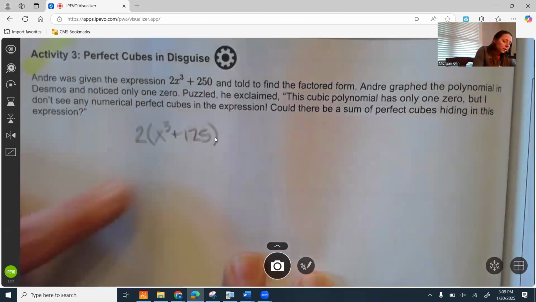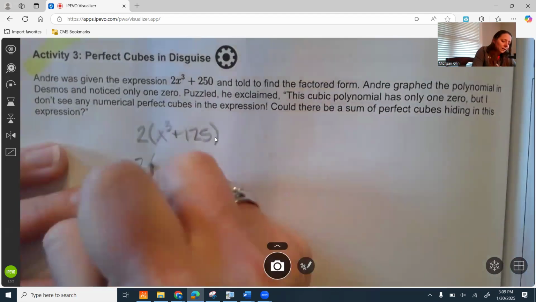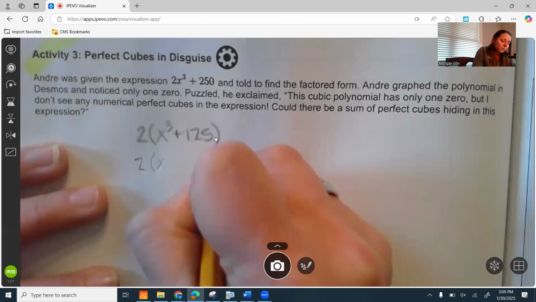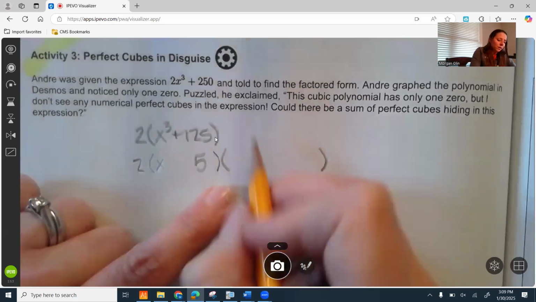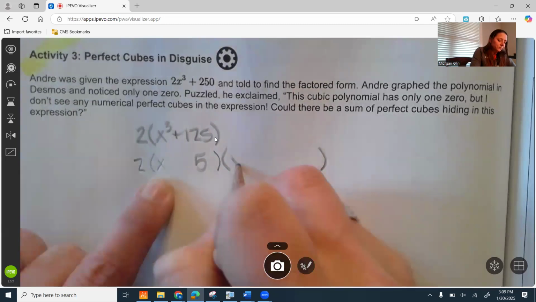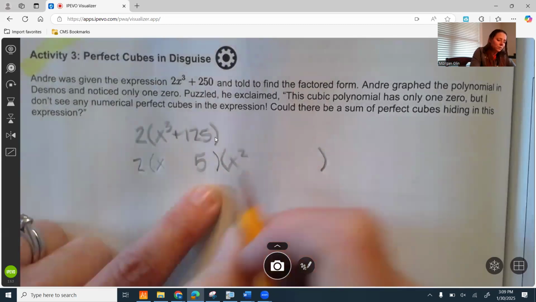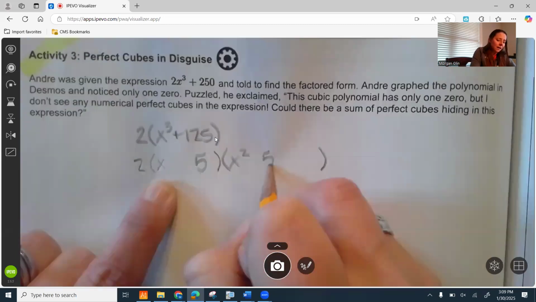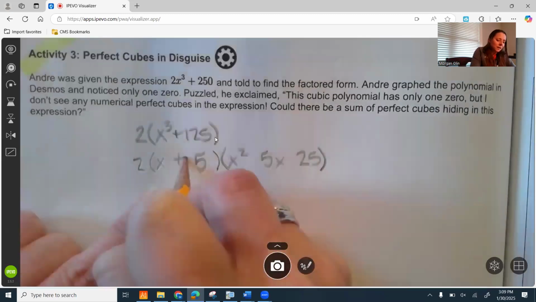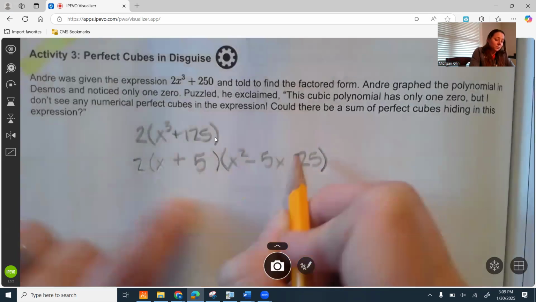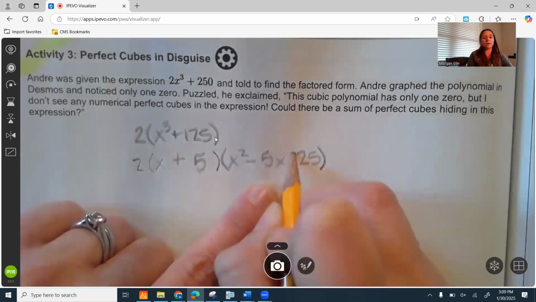Here, the cube root of x cubed is x. The cube root of 125 is 5. However, we square the first. We multiply these two together and we square the last. That's going to give us 25. This starts with a plus. This is the opposite. And then this one is a plus right there.